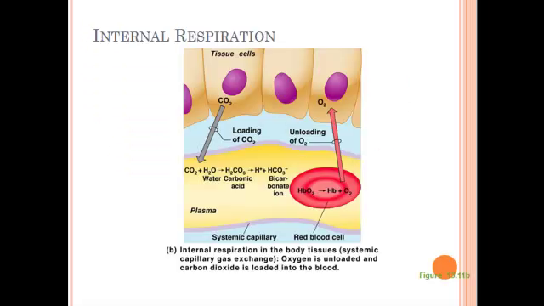But again, it's a passive process that follows a concentration gradient. As the red blood cells reach the cells, they've already picked up the oxygen from the lungs, so there's a high concentration of oxygen here. The cells have been using that oxygen in cellular respiration. We'll talk a little bit more about that when we talk about digestion.